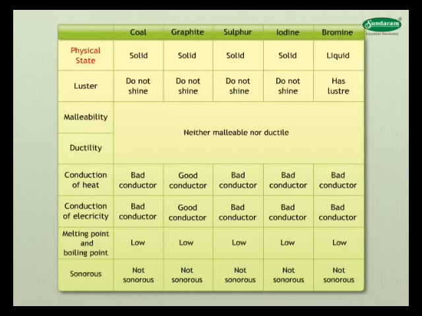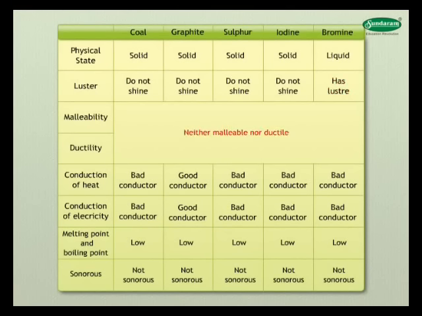Physical state. Coal, graphite, sulfur, iodine are solid and bromine is in liquid state. Luster. Coal, graphite, sulfur, iodine don't shine. Only bromine has luster. Malleability and ductility.